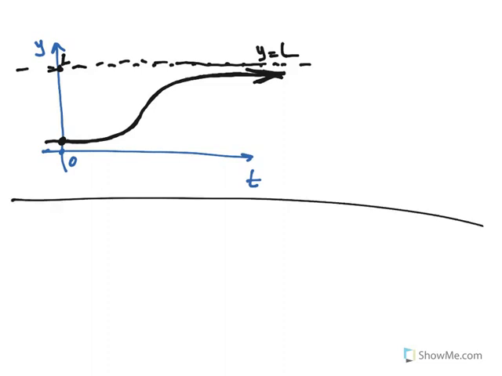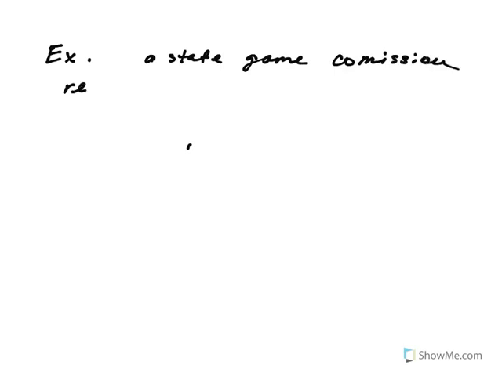So now let me show you a few examples. Actually, I'm going to use a new page. A state game commission releases 40 elk into a game preserve.